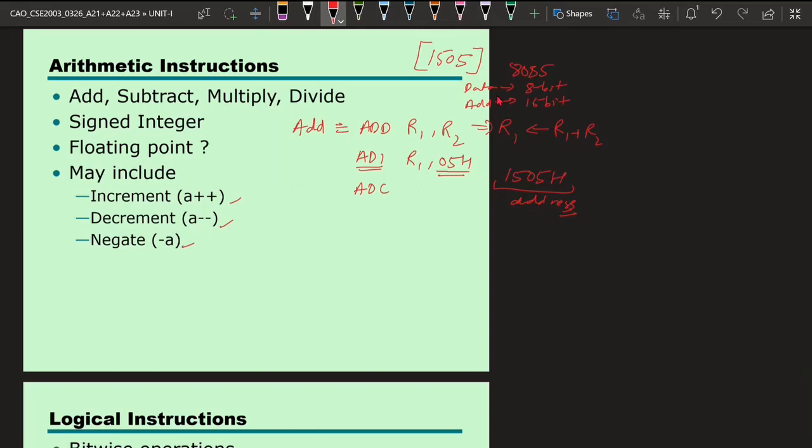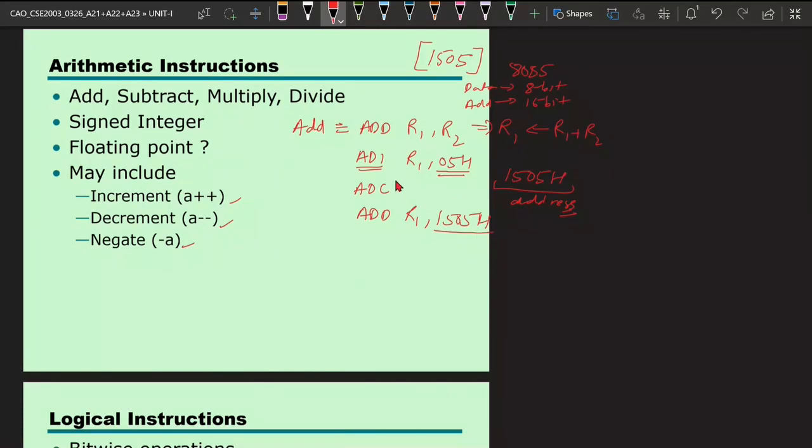So if we are talking about the 8085, it will be specific. If 05 is given, that means it is 8-bit, so it will be data. If R1 comma 1505H is given, then in that case we are talking about the address.